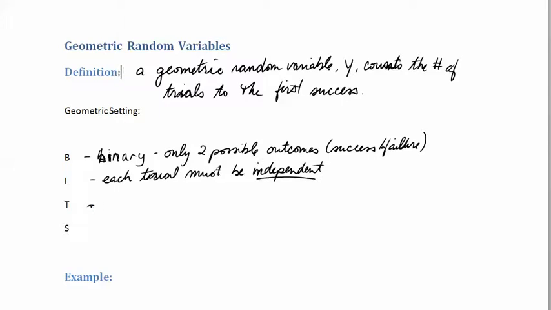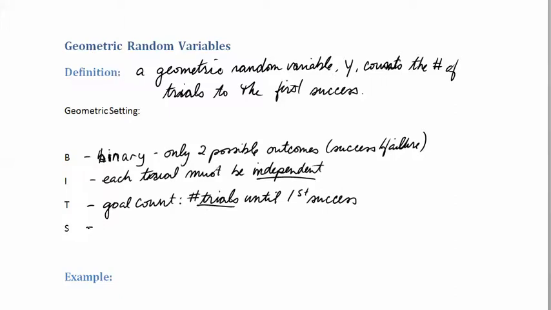T, remember T is instead of S. This is what we can call our goal count. So the number of trials until the first success. Number of trials.